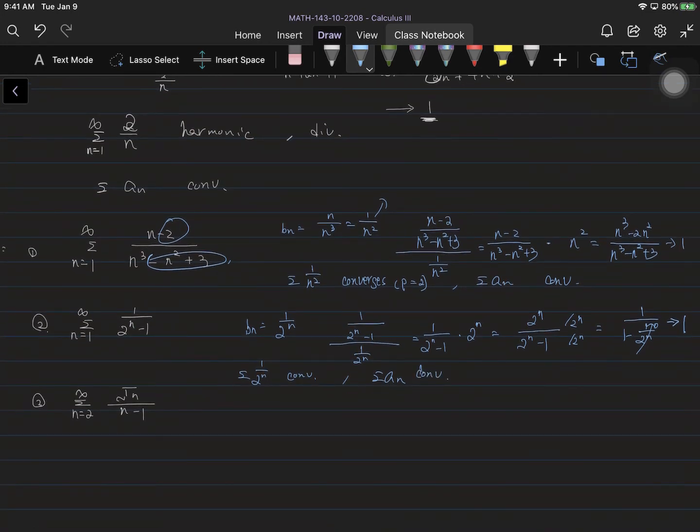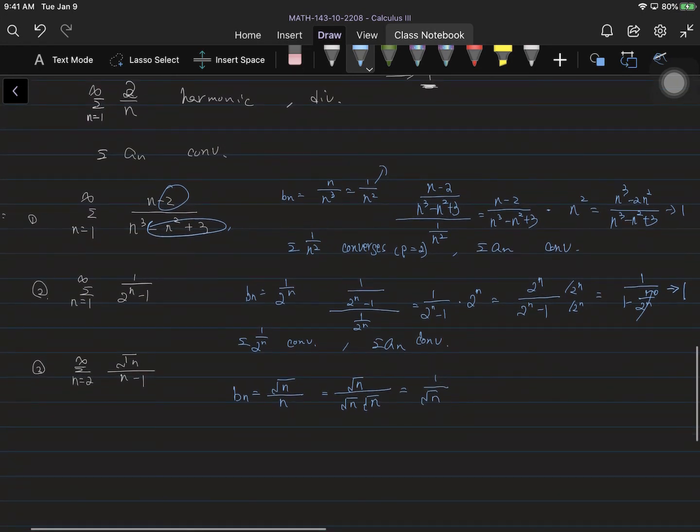The last one, you can see we like to choose Bn to be root n over n, and we can simplify here. You can use any method to simplify. You can change them into a power function and then cancel the power, but it's going to be 1 over root n after we simplify Bn.